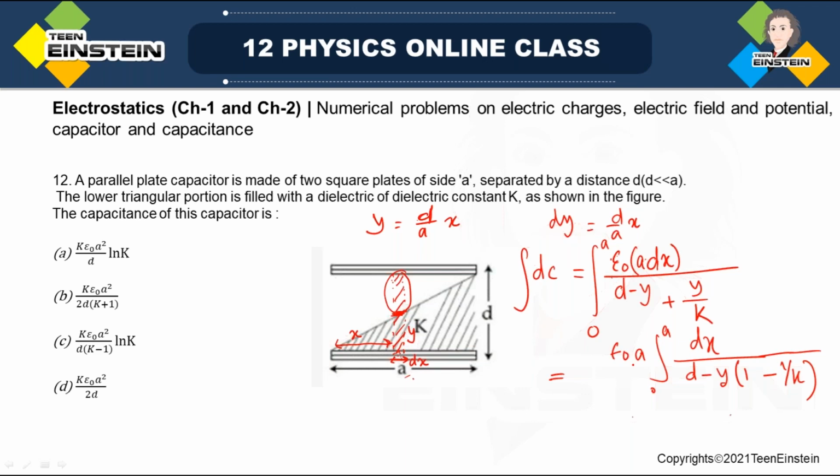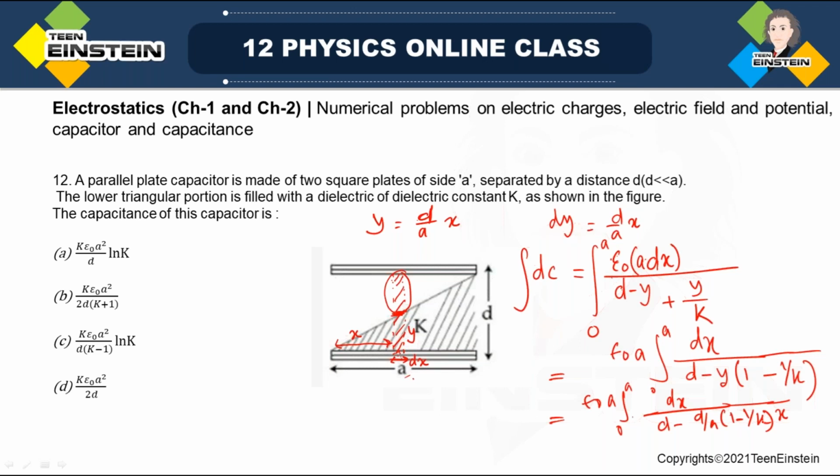Now put the value of y from here, d by a into x. If we put the value of that, epsilon 0 a, 0 to a, dx divided by d minus d by a into 1 minus 1 by k into x.